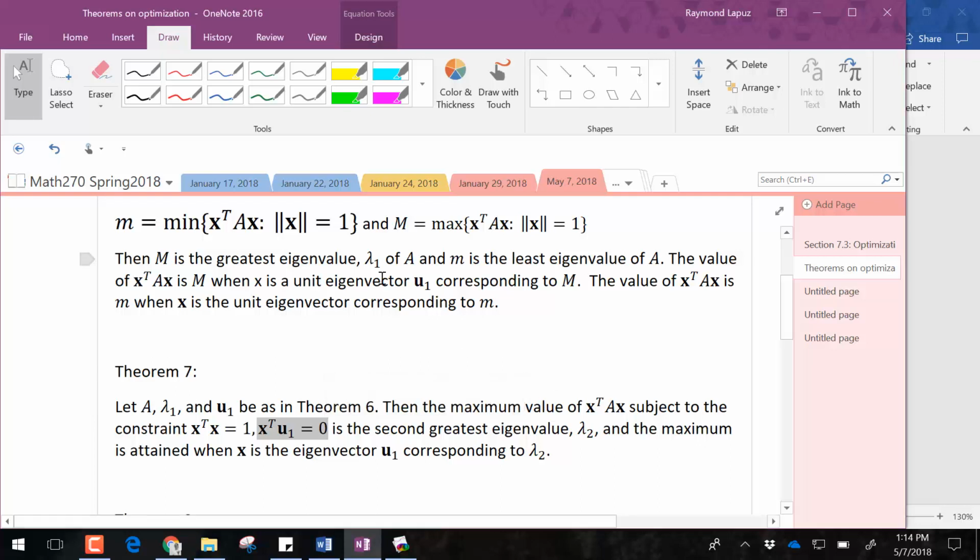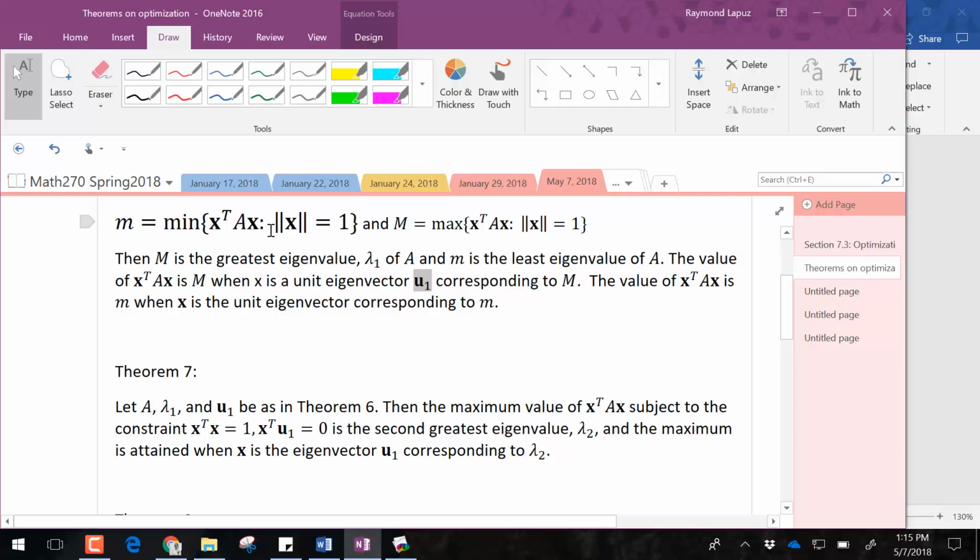Oh, by the way, the value itself, remember when you're finding maxes and mins, you have to find out what the maximum value is and where it occurs. And the where it occurs in this case would be the vectors. So the largest eigenvalue is the maximum value, and where it occurs is when you plug in your unit vector u1, which is the eigenvector corresponding to that particular eigenvalue, back into the quadratic form.